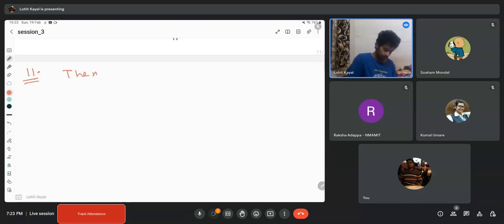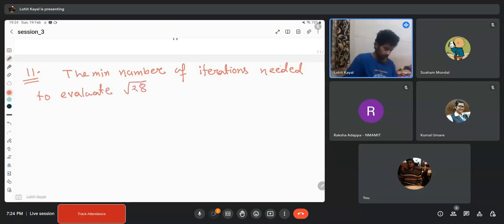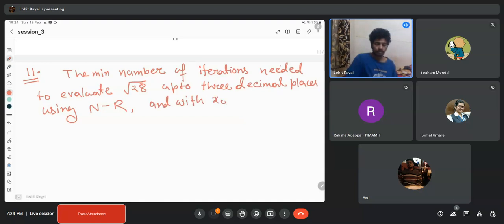The question is the minimum number of iterations needed to evaluate square root of 28 up to 3 decimal places using NR, Newton-Raphson, and with x0 equal to 5. Okay, so this is the question.